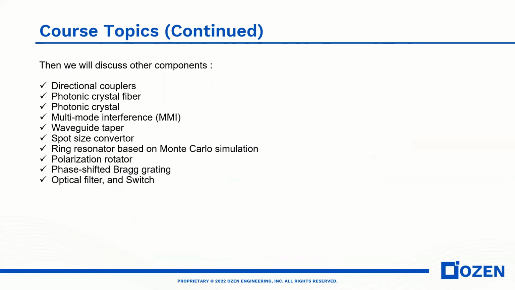The next section, we will discuss other components such as the directional coupler, photonic crystal fiber, photonic crystal, multi-mode interference, waveguide taper, spot size converter, ring resonator based on Monte Carlo simulation, phase shifted Bragg grating, optical filter, and switches.